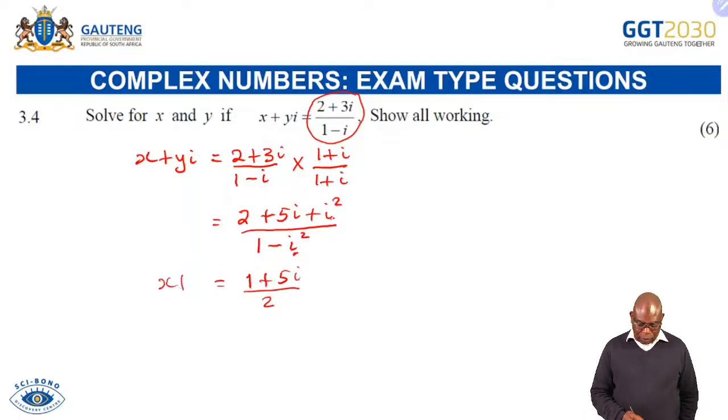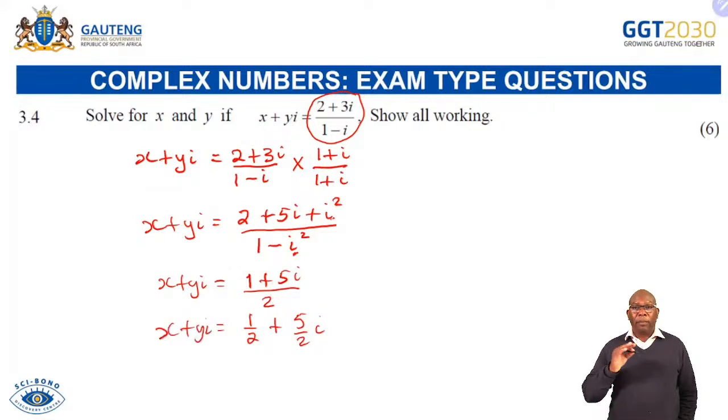So the x plus yi, I still keep it, please. In this case, remember, split 1 over 2 and 5 over 2i. x plus yi, real to real, imaginary to imaginary: x is a half, and y is 5 over 2.